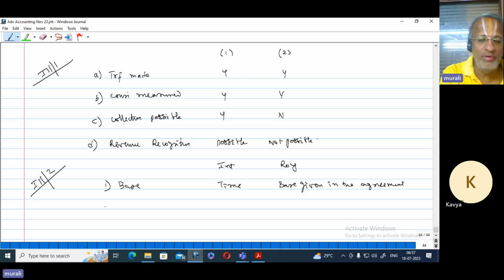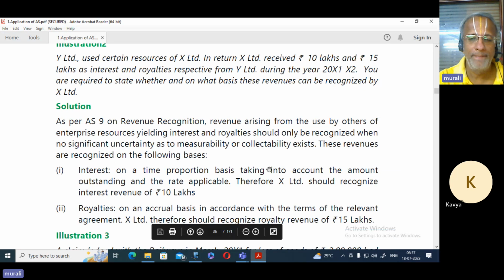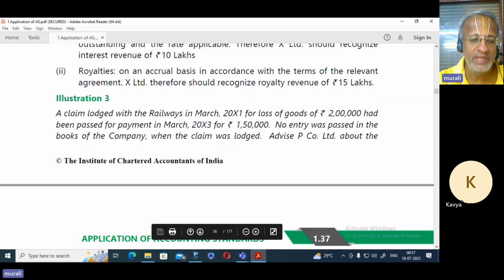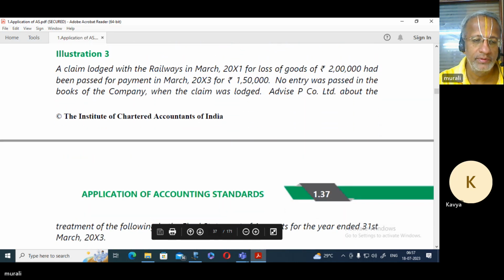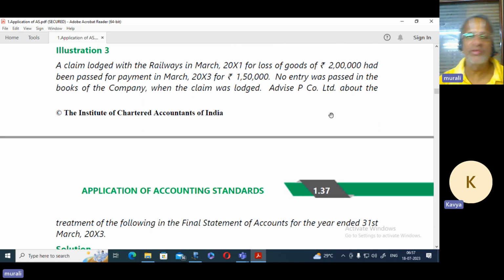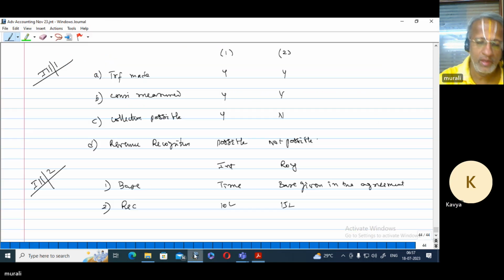Let us have a positive note. So recognize 10 lakhs and 15 lakhs. Recognize 10 lakhs and 15 lakhs. Okay. Then next, illustration number 3. Is that okay? Yes, sir.